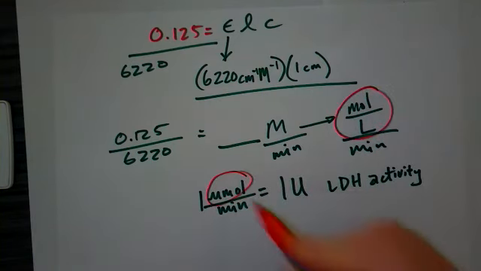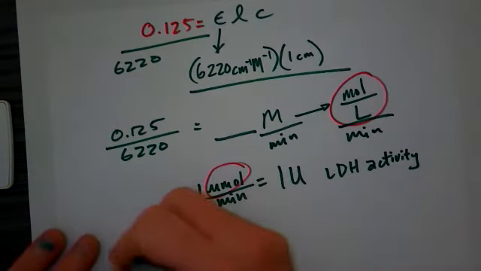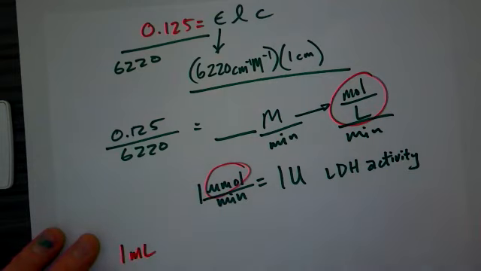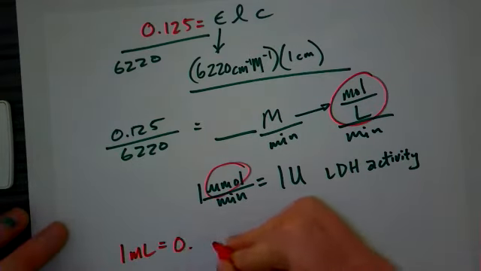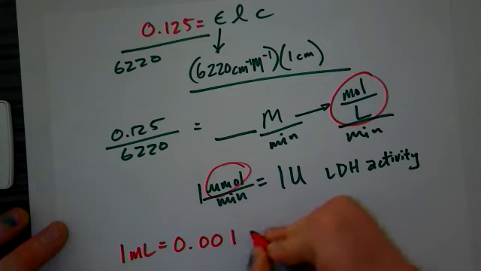So how would we get molarity into micromole? So we have moles per liter, and we just want to get rid of that volume factor. So how would we do that? Well, our total reaction volume is going to be 1 milliliter, which is the same as 0.001 liters.